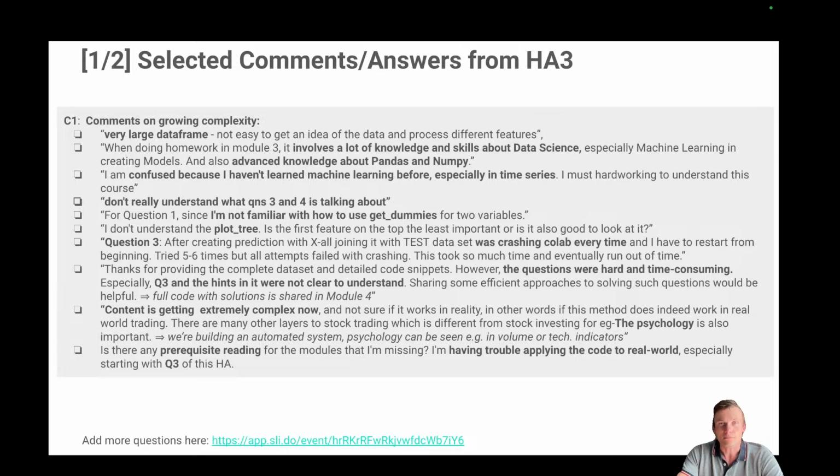And then some of you said that it involves a lot of knowledge and skills about data science, advanced knowledge about Pandas and NumPy, that you haven't learned machine learning before, especially in time series.